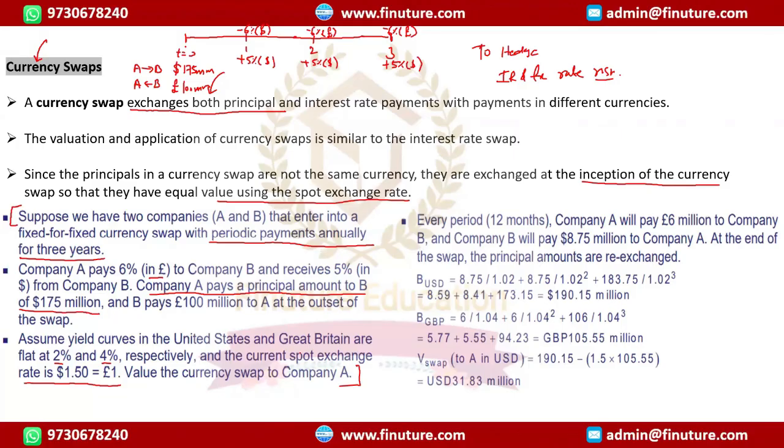Is the structure clear, how we do this calculation? I'll explain in the next few minutes. But is the structure clear, how the interest rate swap is created cross currency? Company A is paying dollar 175 million to B, and they are receiving 5%.